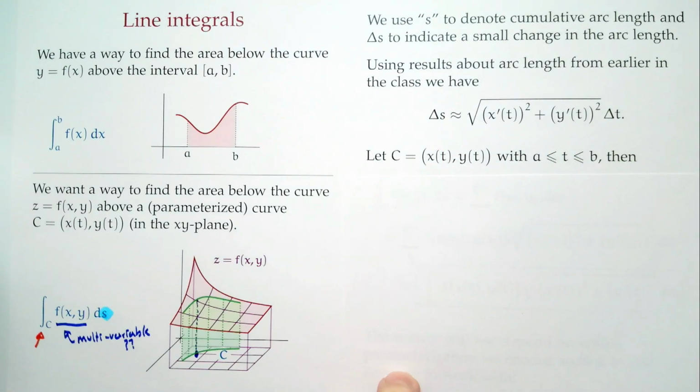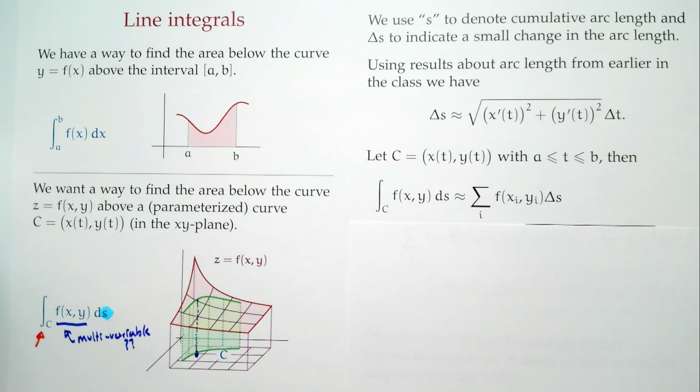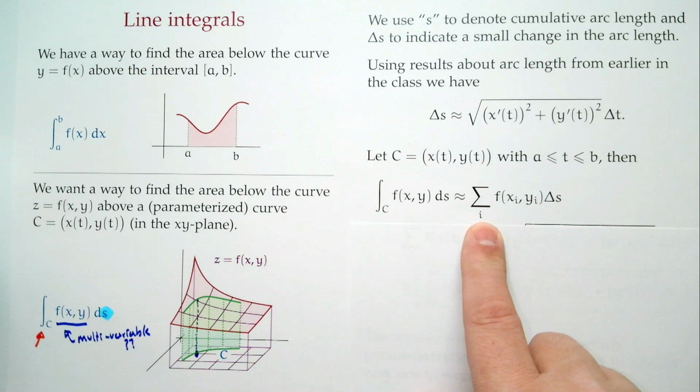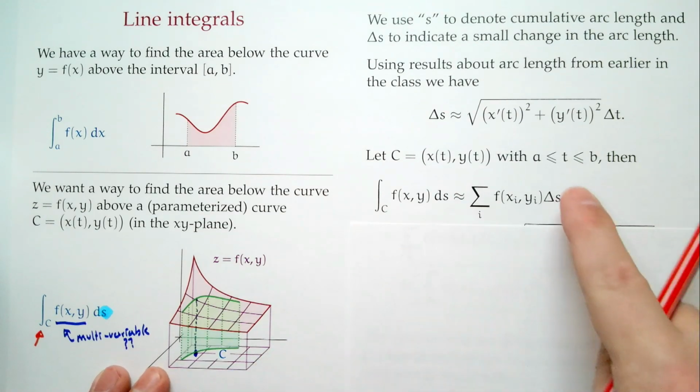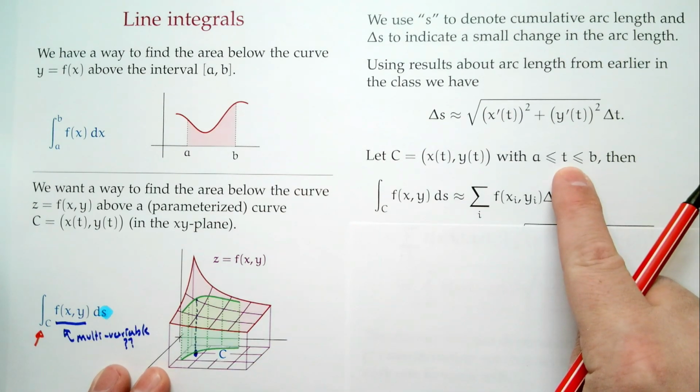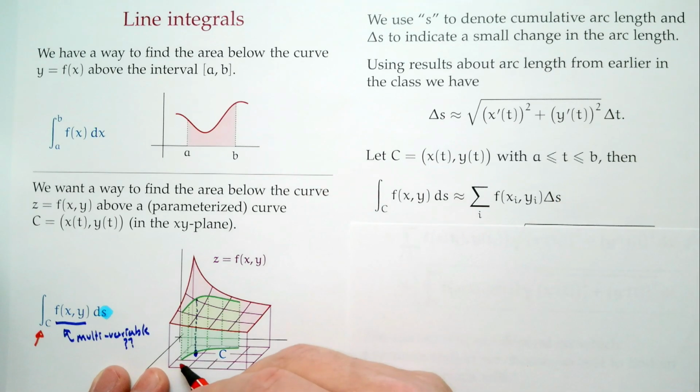Therefore, if I want to find this integral, we say the following. The integral along the curve of f of x, y ds says, break my integral up into little pieces. What's happening here is I'm really breaking up my time into parts, and as you break time into parts, you break your curve up into parts.